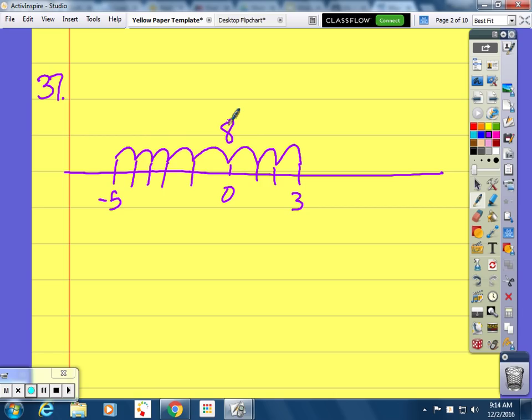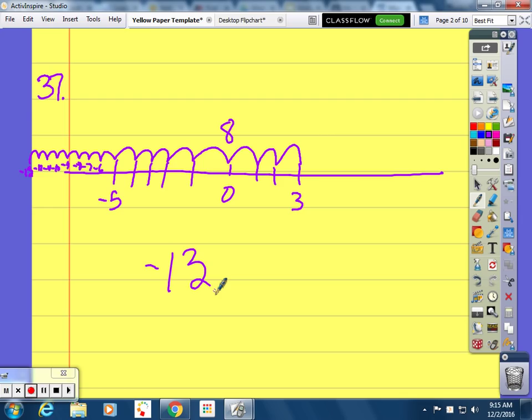So I've got to go 8 this way. 1, 2, 3, 4, 5, 6, 7, 8. -6, -7, -8, -9, -10, -11, -12, and -13. -13 is 8 away from -5, just like 3 is 8 away from -5.